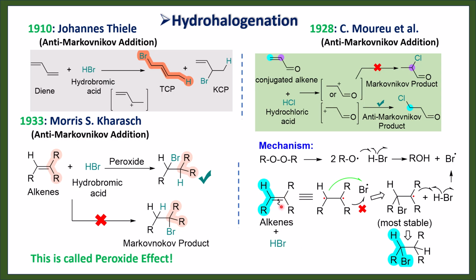For Markovnikov's case, first protonation happens, which gives the stable carbocation, whereas in the case of peroxide, first bromination happens, which gives the more stable radical, and then finally the hydrogen bromide adds, giving the less substituted product, meaning the bromine is attached to the less substituted carbon.